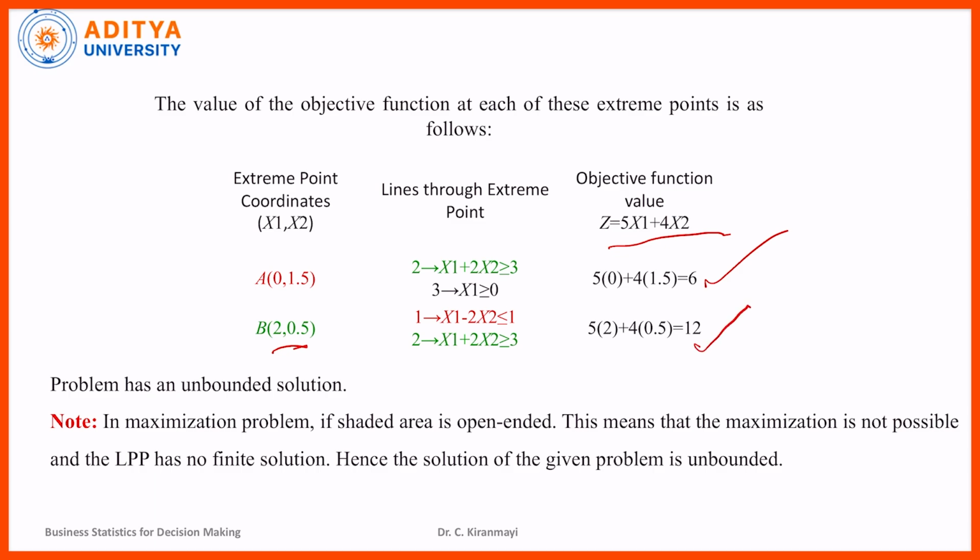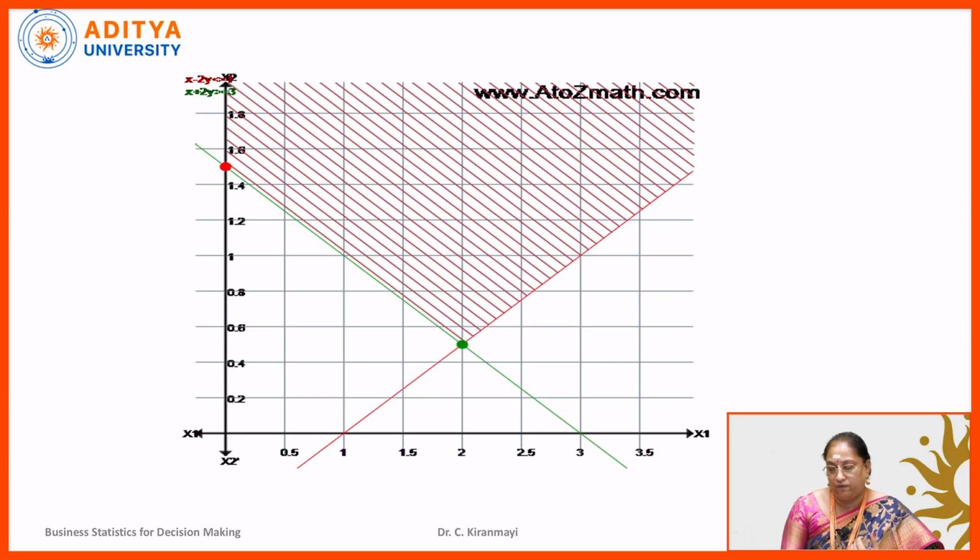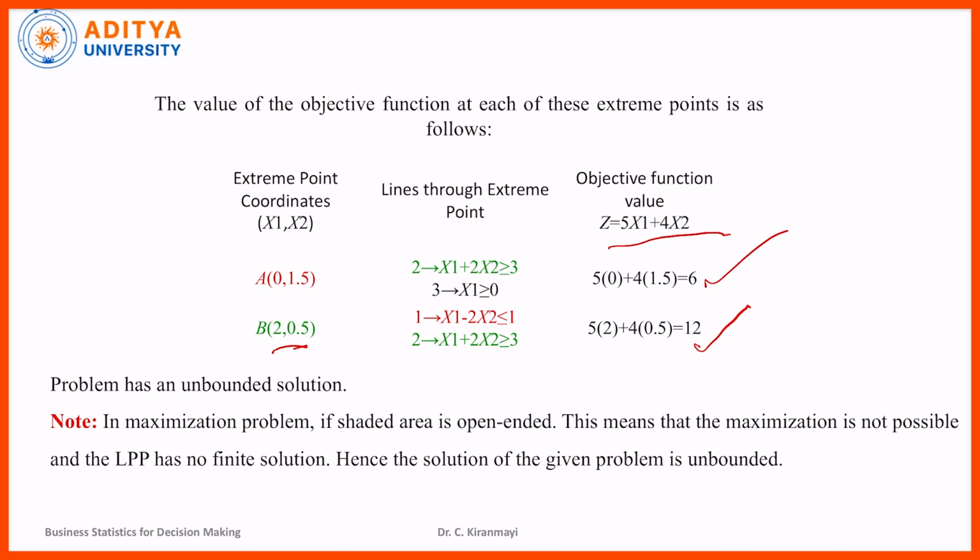We are able to find only two points, and the third point we cannot find. Therefore, the solution is said to be an unbounded solution.